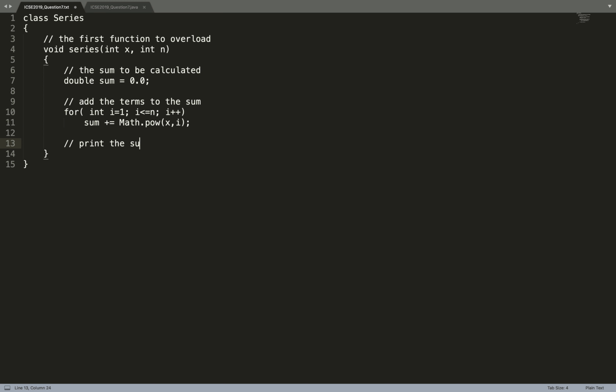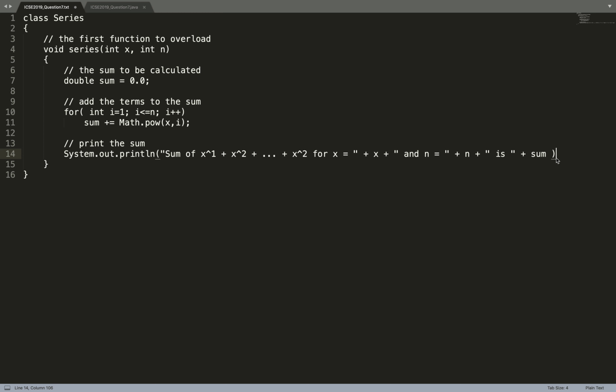Okay, print the sum. System.out.println sum of x to the power 1 plus x to the power 2 plus dot dot dot plus x to the power n for x is equals to, plus x, and n is equals to, plus n, plus sum.